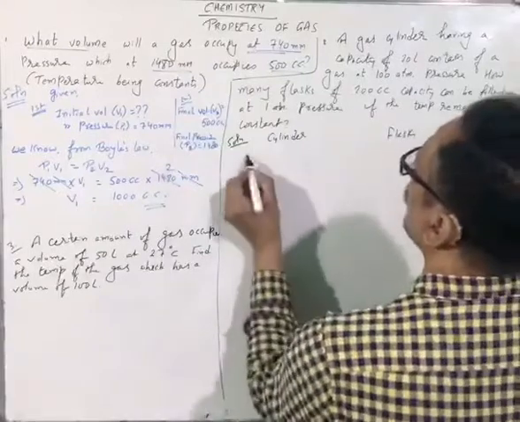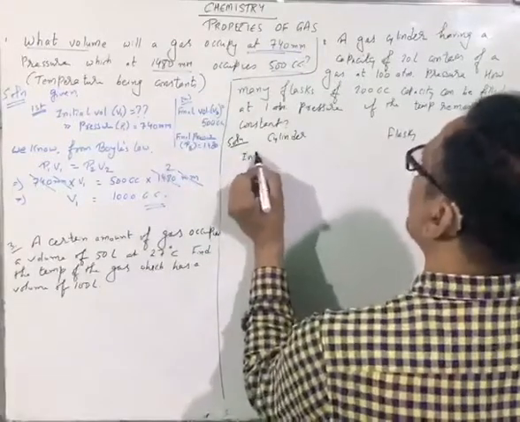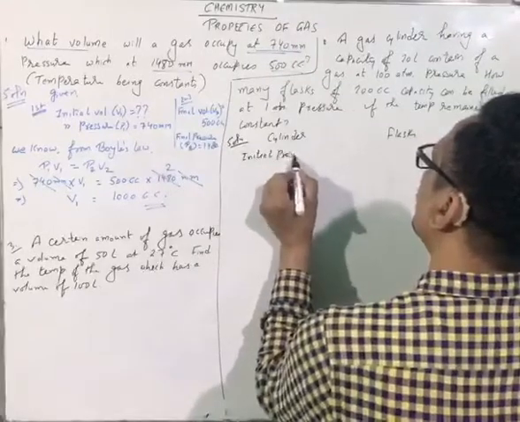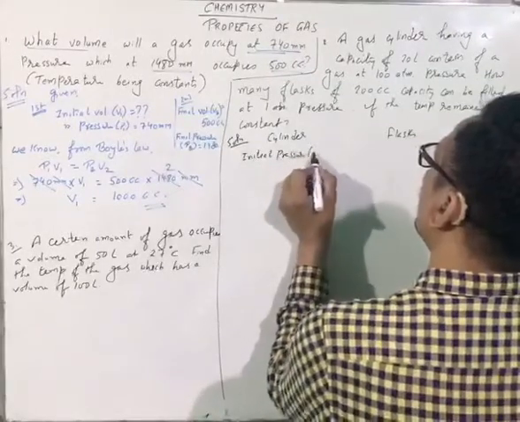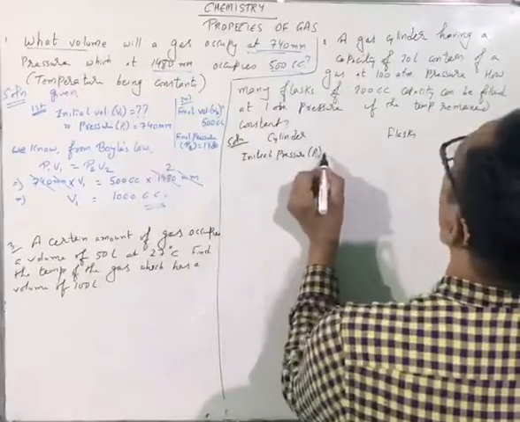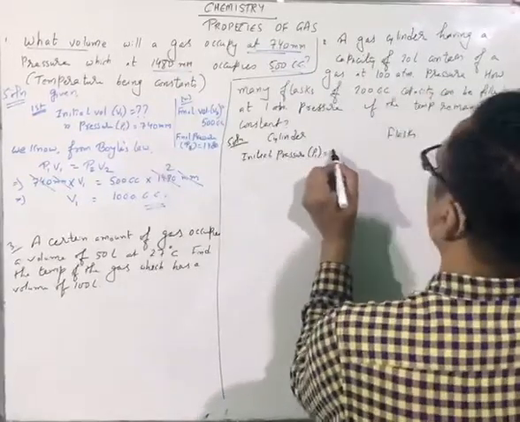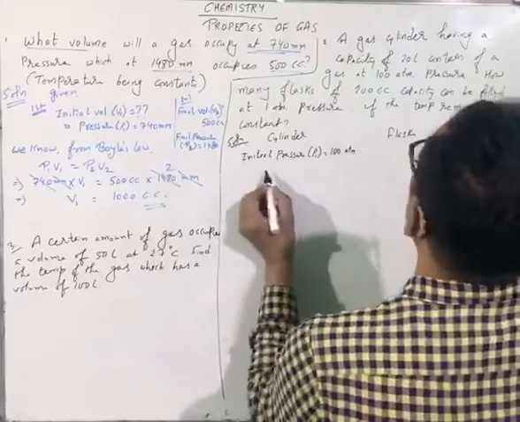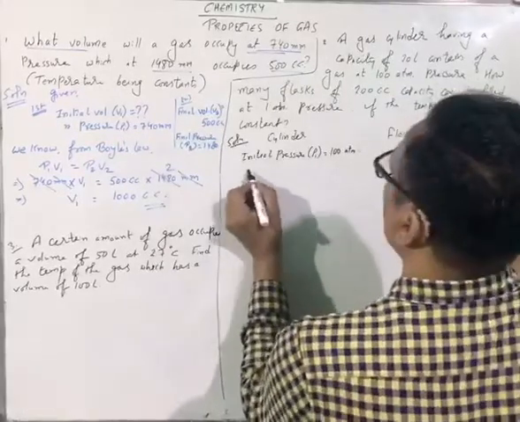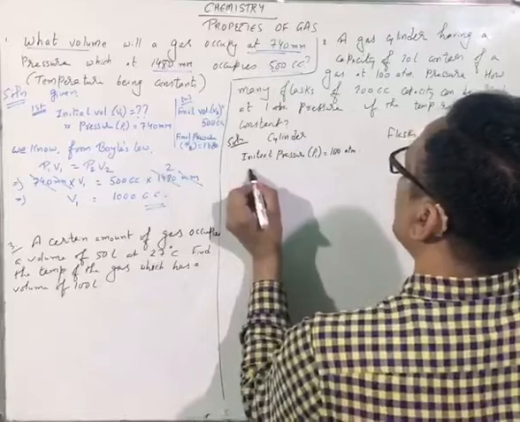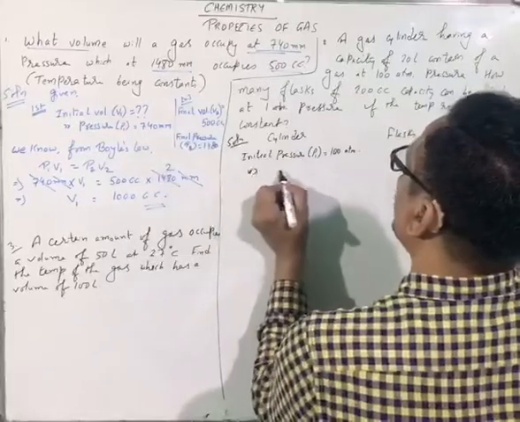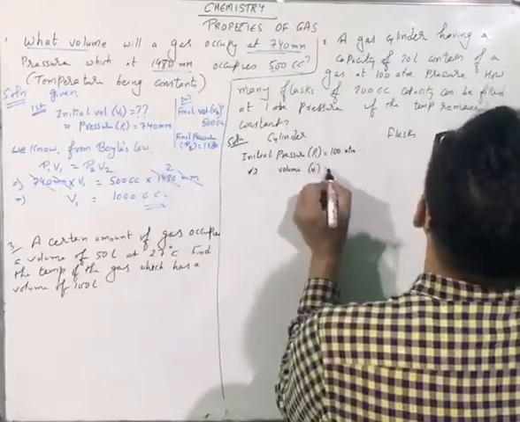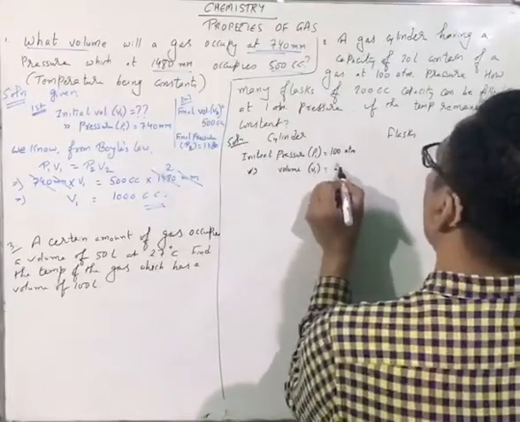Now first of all, consider the case of the cylinder and the case of the flask. Initial pressure P1 is 100 atm, and initial volume V1 is 20 liters.